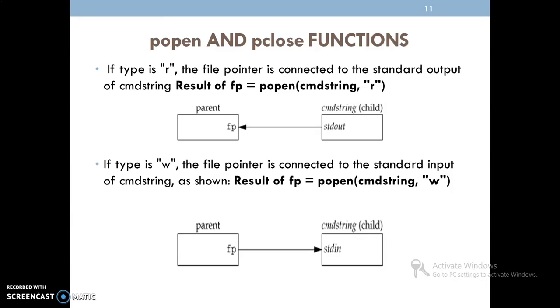With these two APIs, if type is r, the second argument, the file pointer is connected to the standard output of the command string. Here the command string is the command we are executing.